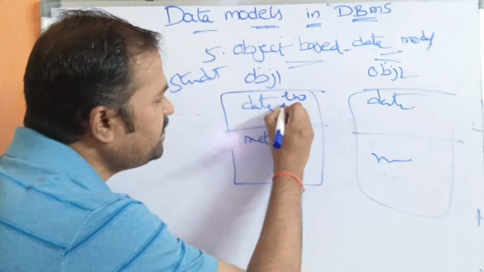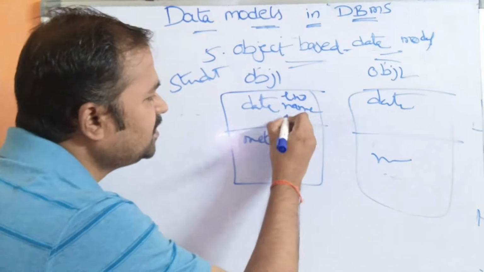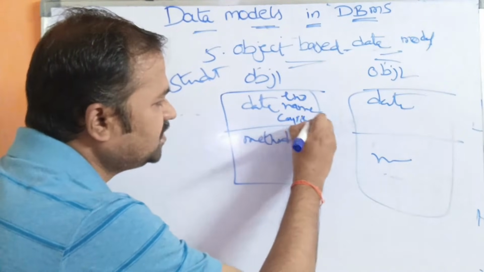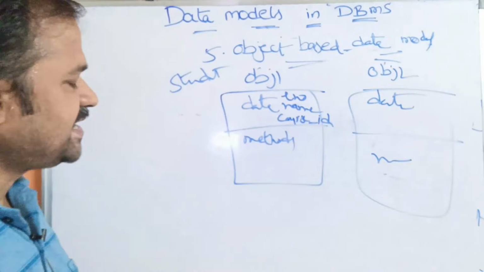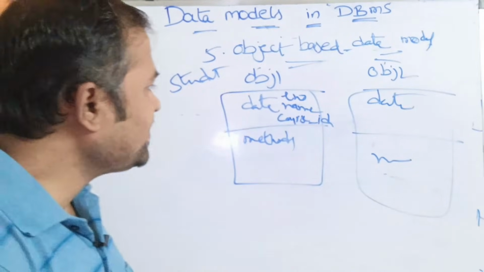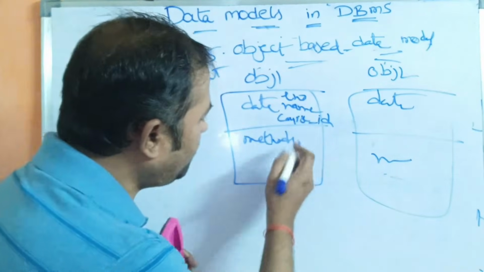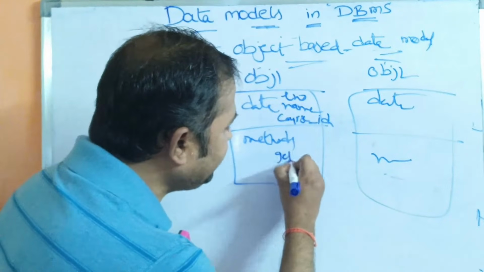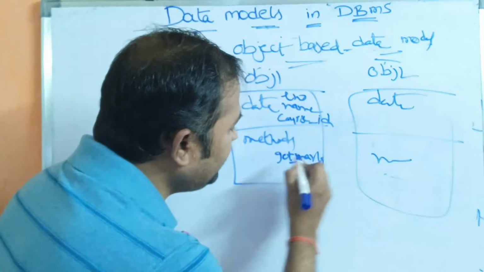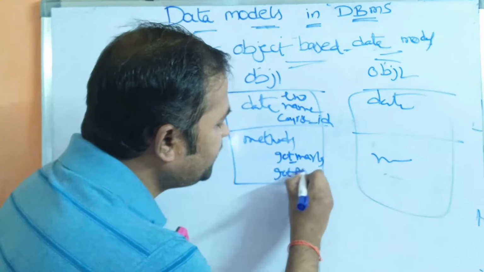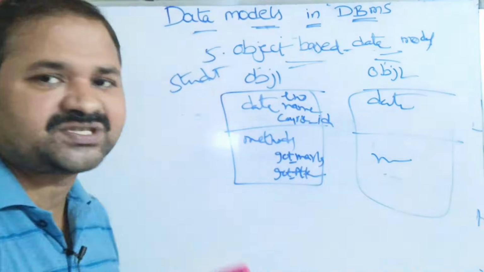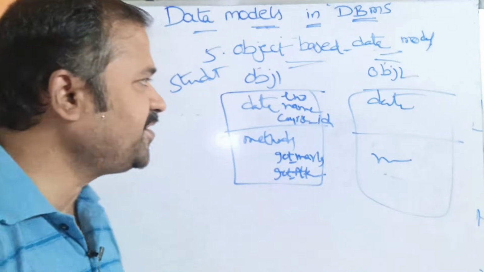Student will have some roll number, some name, some course ID, the courses which are studied by the student. Next, methods. What are the operations which we can perform on the student? Student can get the marks and student can get the attendance. Methods are nothing but the operations which are to be performed on the corresponding object.